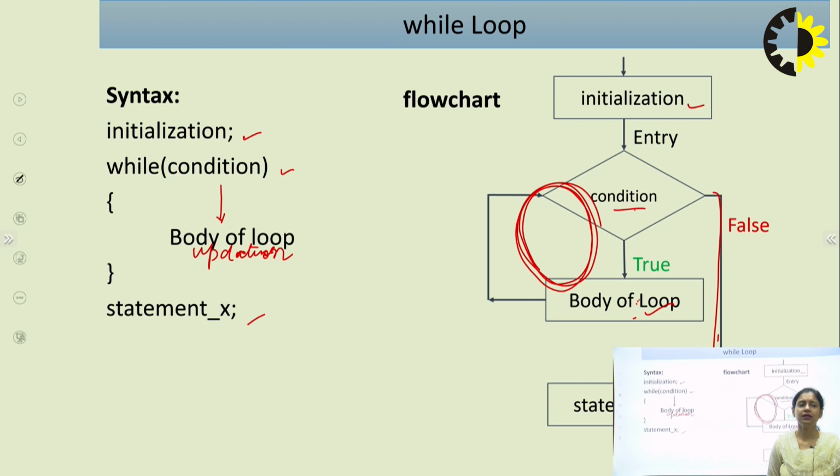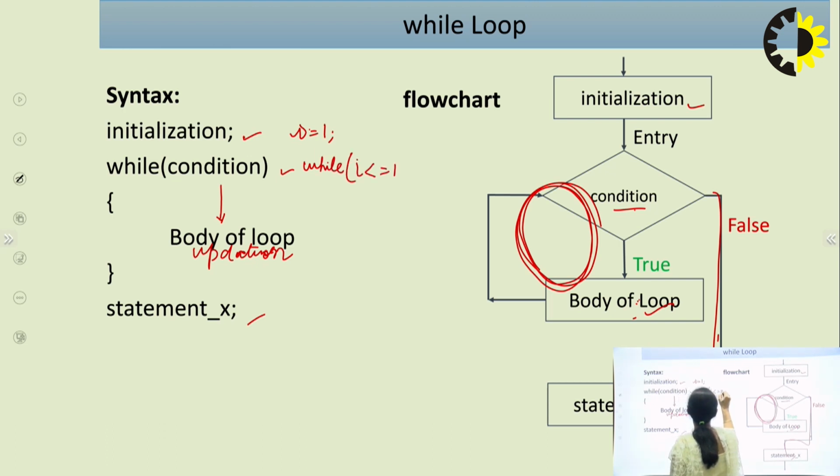Now, let's take an example to print the first 10 natural numbers. Because the natural numbers start from 1, we initialize I with the value 1. Now, this while condition will check while I is less than equal to 10.